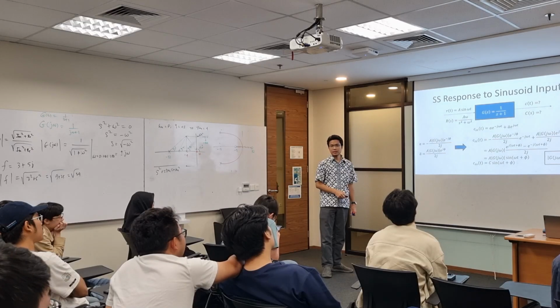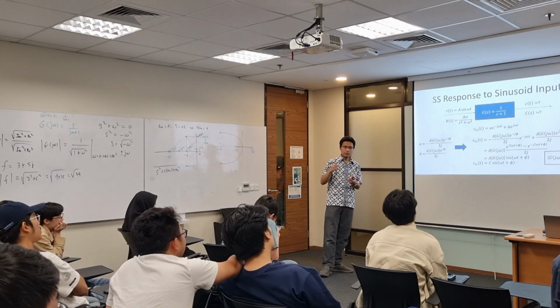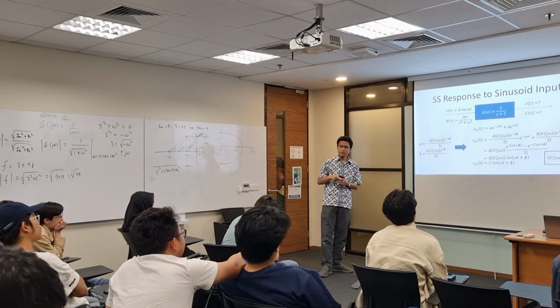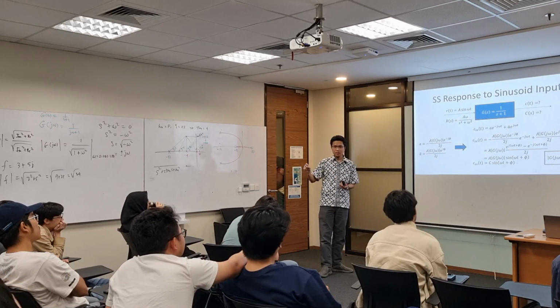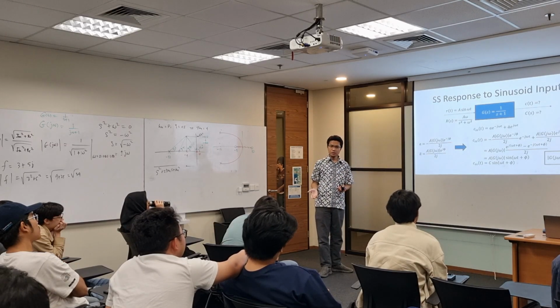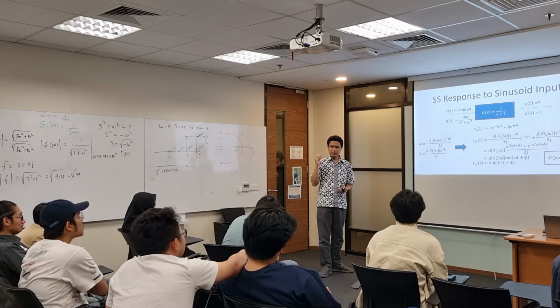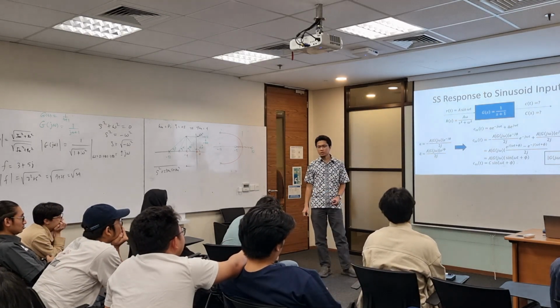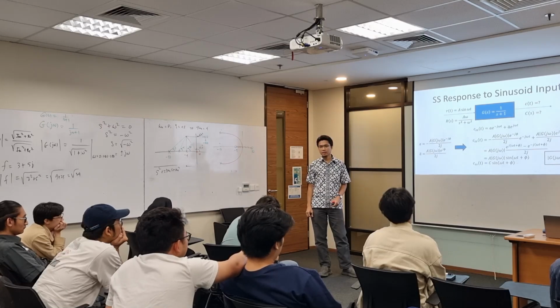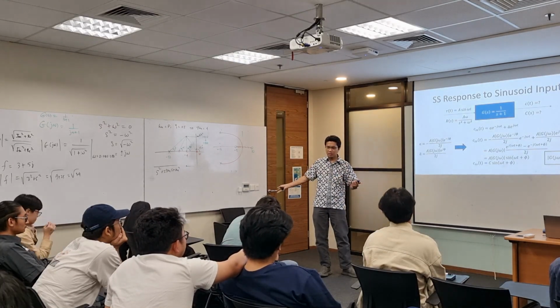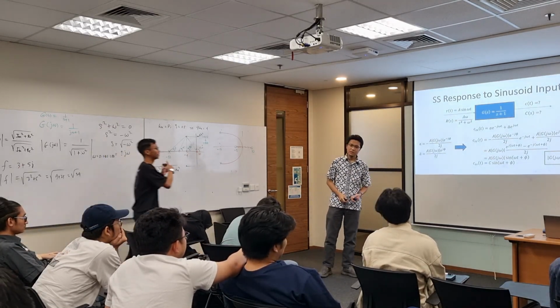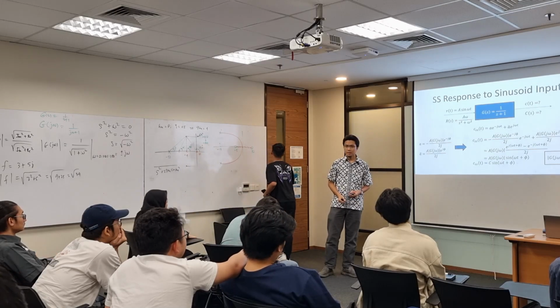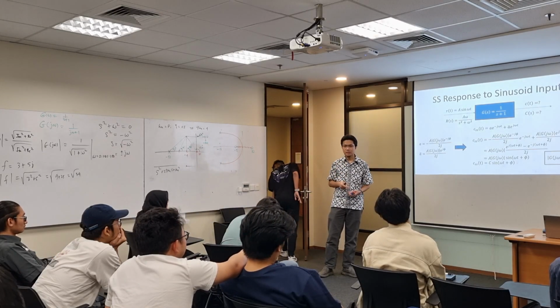Yeah, that's correct. So let's say you perform an experiment. You know the amplitude of the input, you know the amplitude of your output. At that particular frequency, you can obtain the absolute value of G of J omega. What if you get it for a whole range of frequencies? Then you can reverse back to get the transfer function.